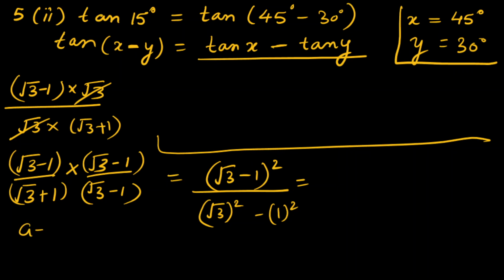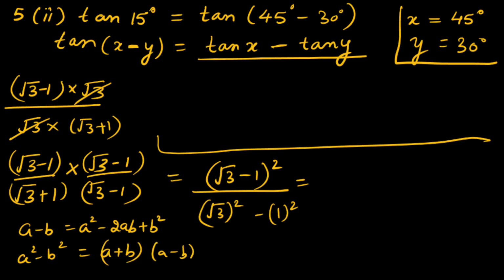A minus b whole square is equal to a square minus 2ab plus b square, and a square minus b square is equal to a plus b into a minus b. So a plus b into a minus b form we already had; we wrote it in this form. Here I am just going to use it.